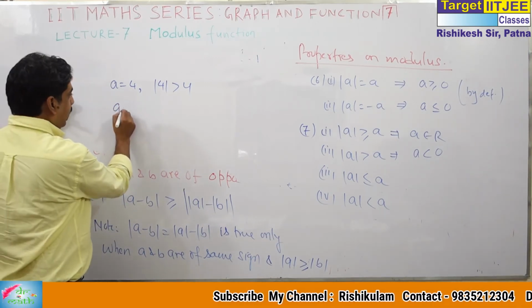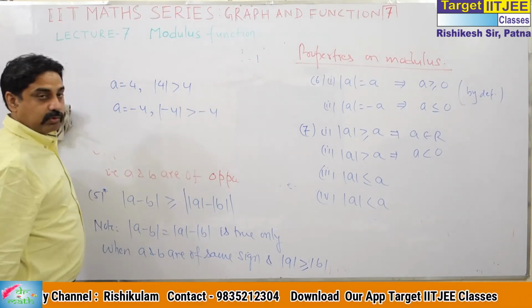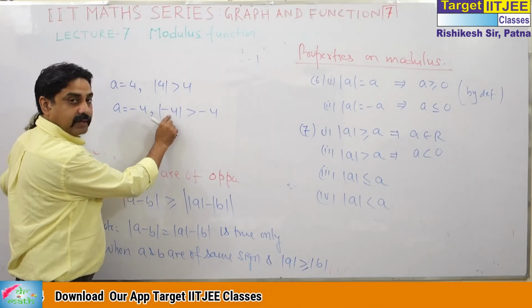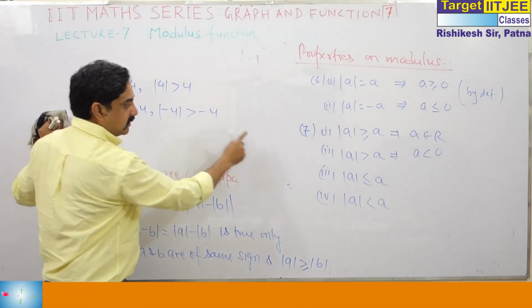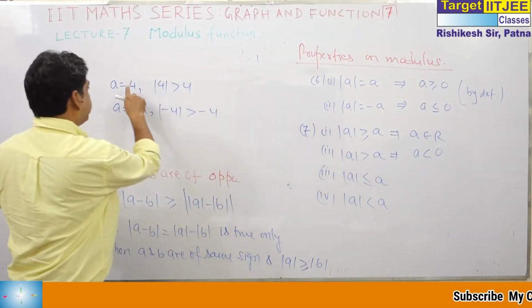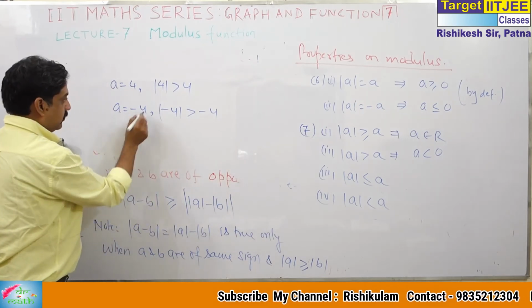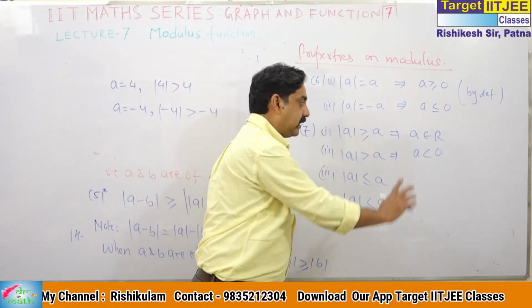Take A is equal to minus 4: mod of minus 4 is greater than minus 4 is true, because the modulus of minus 4 is 4. So this is not true for positive quantities. It cannot be true for 0 also, 0 cannot be greater than 0. So this is true when A is negative.